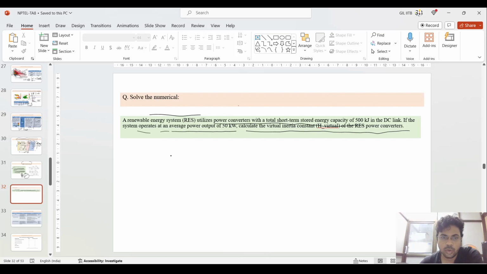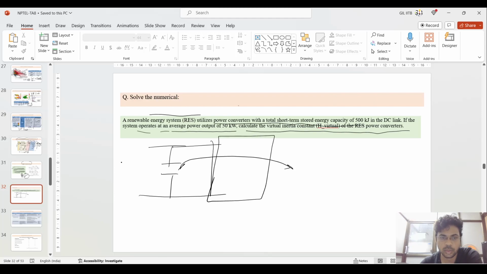I will explain this, because the time is also less. You have a certain DC link capacitor and a certain converter. You should utilize this DC link based upon what you have.